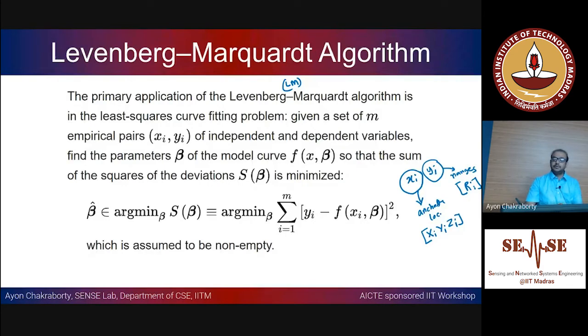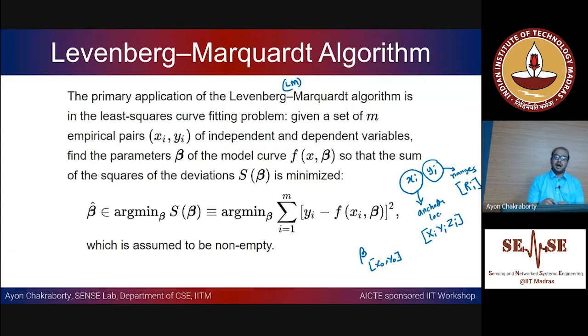What we are supposed to do is find some model parameter beta. In our case, beta is basically x naught, y naught. That is what we are trying to find out. This is just a mapping of the statement of the LM algorithm onto our context, whatever we have already learned.